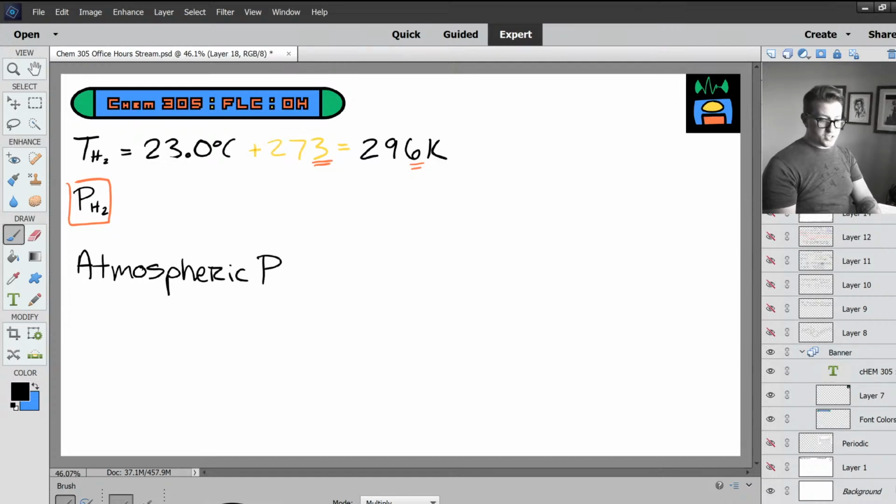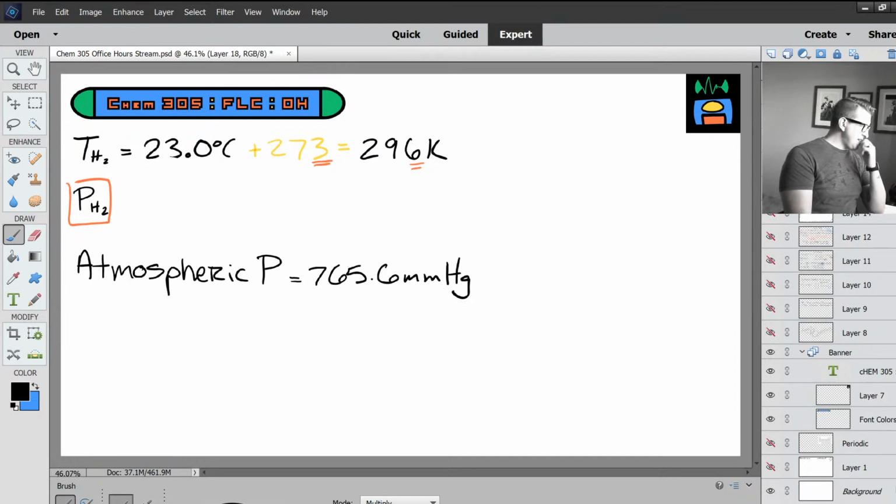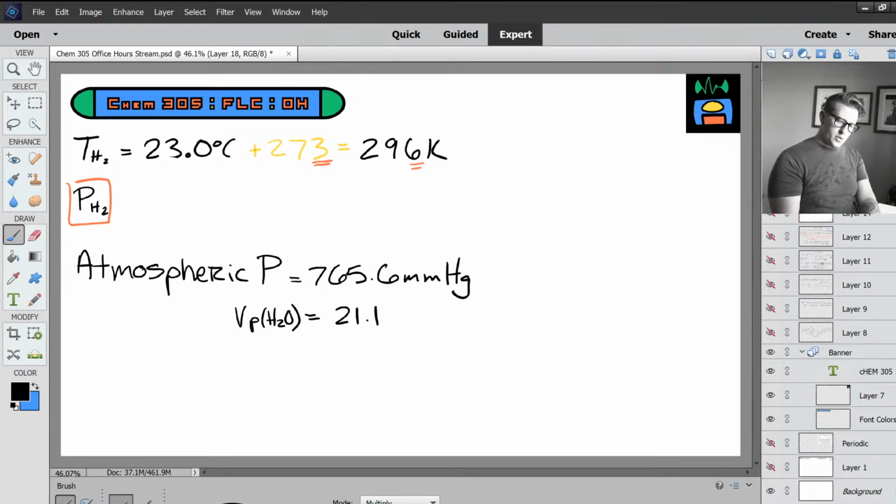So atmospheric pressure, we're told, is 765.6 millimeters of mercury. And then you'll notice that we're also told the vapor pressure of water, 21.1 millimeters of mercury.